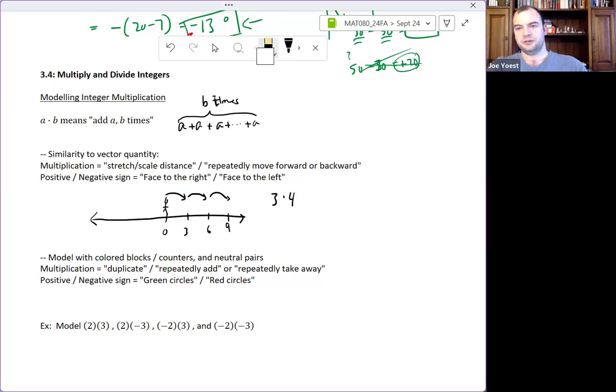Oh, didn't leave myself enough room. 4 times. So once, twice, 3 times, 4 times. I walked to the right 3. I added 3. And I did that 4 times.